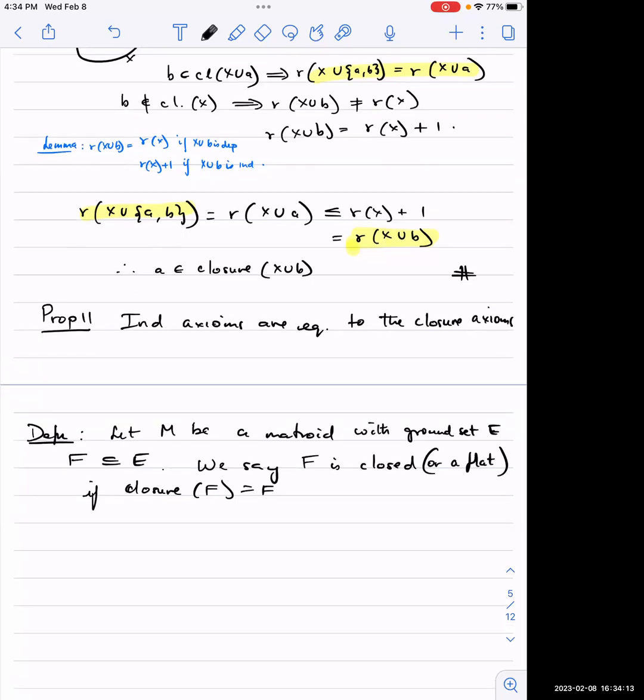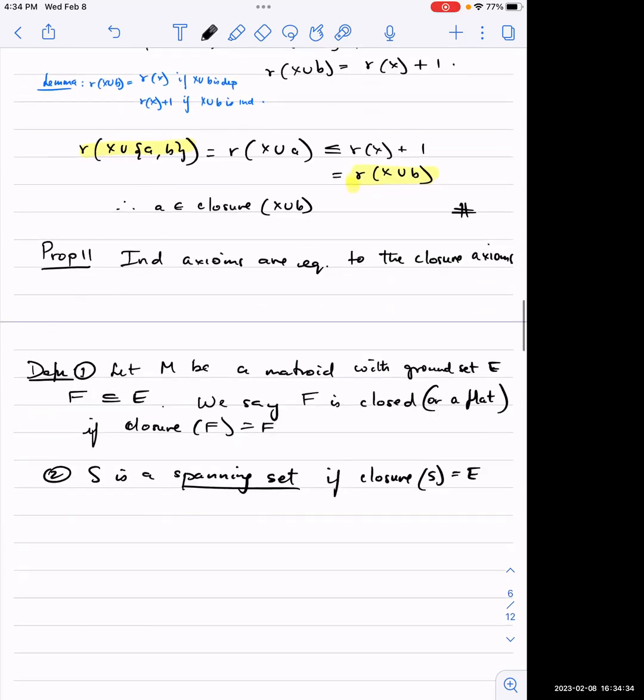And S is a spanning set if the closure of S is equal to E. And H is a hyperplane if H is a flat and the rank of H is equal to the rank of M minus 1.